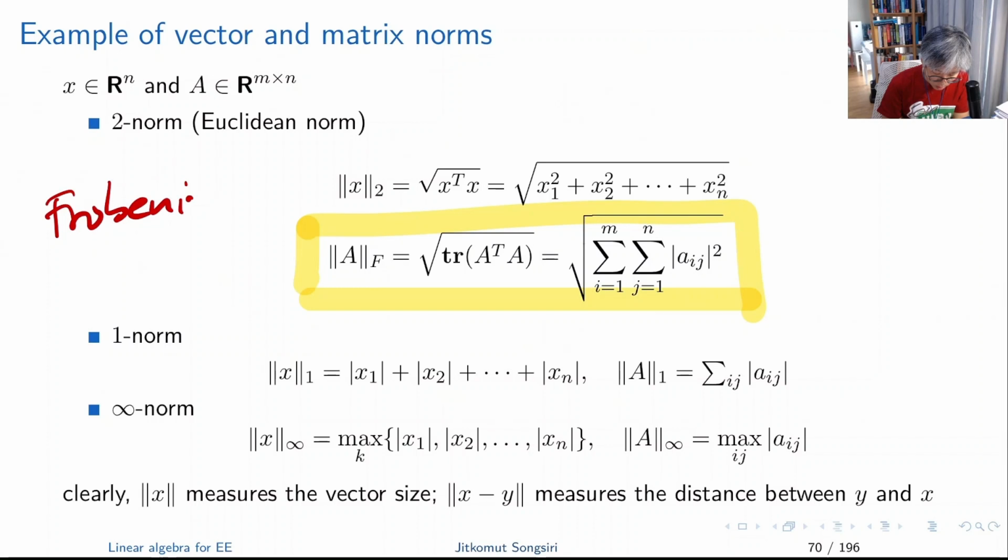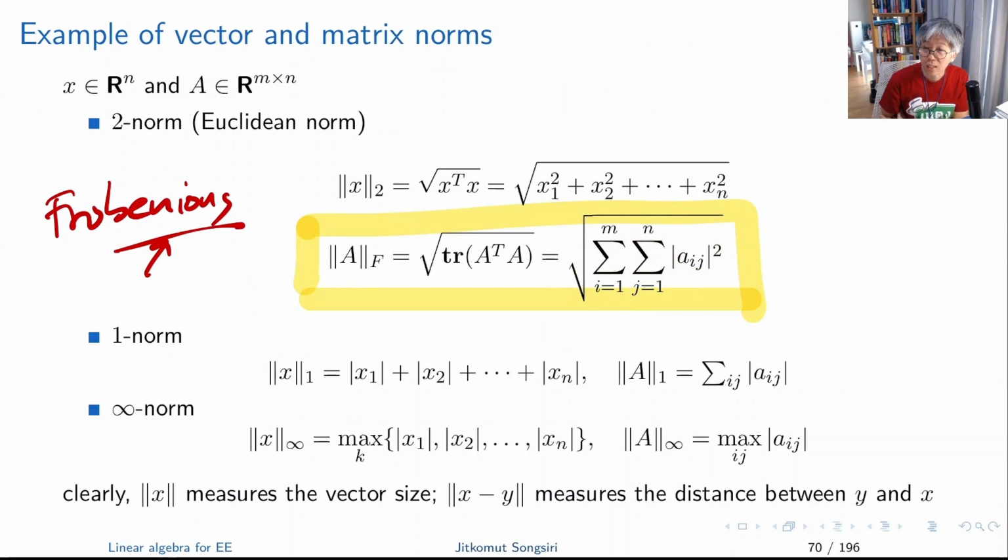A is a matrix of size m by n. What you do is take all the ij entries of A, make the sum over all ij, and then take the square root.